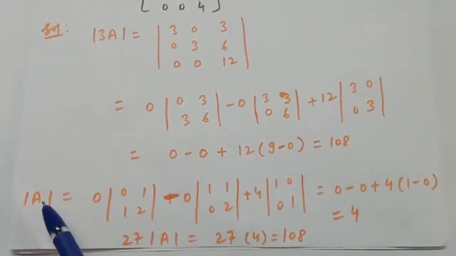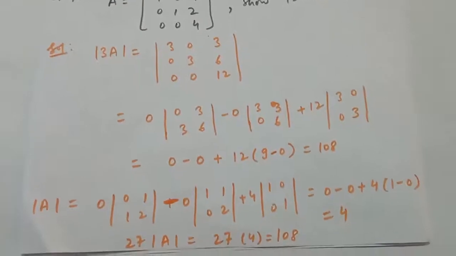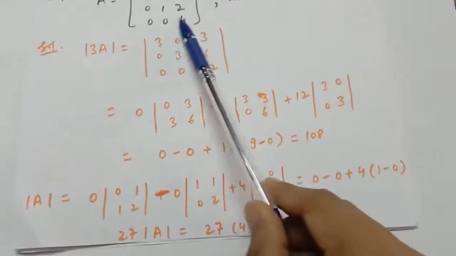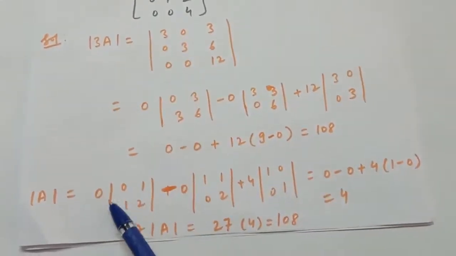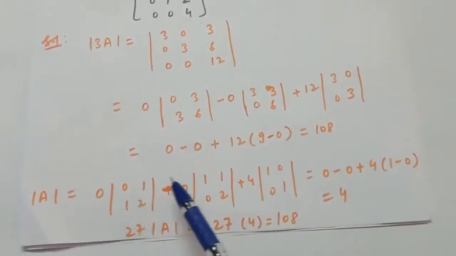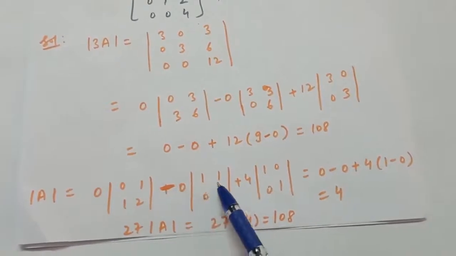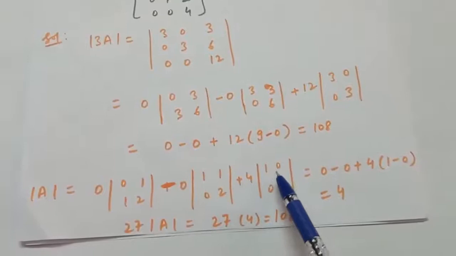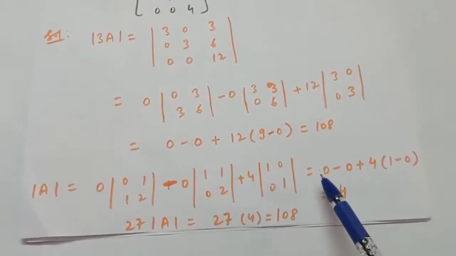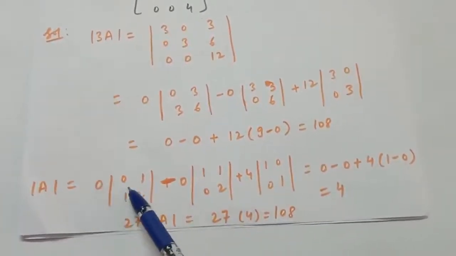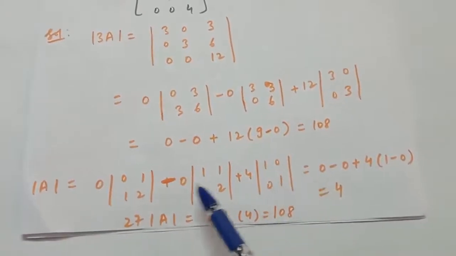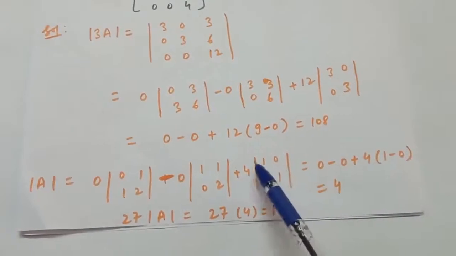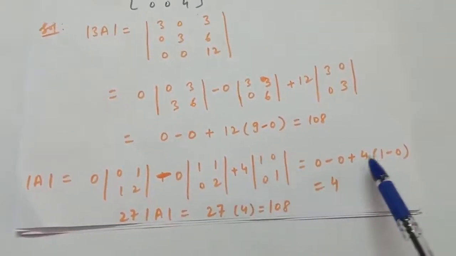Now we will find determinant of A. Now determinant of A, expanding along row third, you will get 0 into this second order determinant minus 0 into this second order determinant plus 4 into this second order determinant. When you will solve it, this is 0 into something, so 0 minus 0 into this determinant will be 0 plus 4 into 1 minus 0.